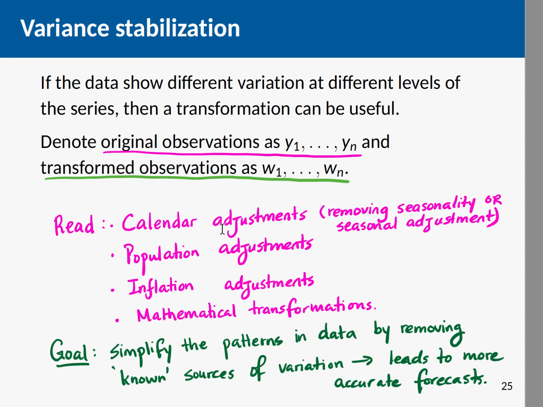One type of adjustment is called a calendar adjustment, in which we try to remove the seasonality that exists in a time series. So any type of pattern that we see within the year, we try to remove that, and that is also known as seasonal adjustment.